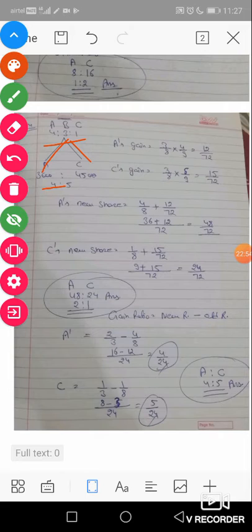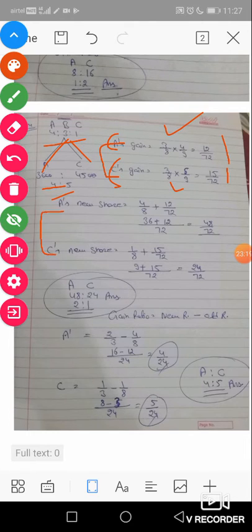First we divide B's share into two parts, one for A and another for C. B's share is 3 upon 8, times 4 upon 9 and 3 upon 8 times 5 upon 9. That is 12 upon 72 for A and 15 upon 72 for C.